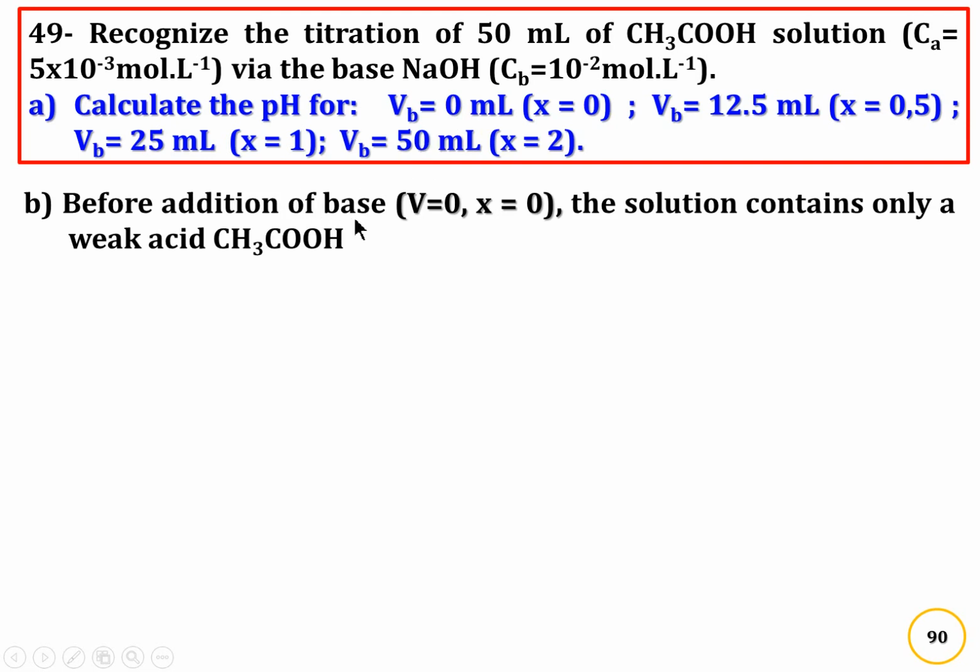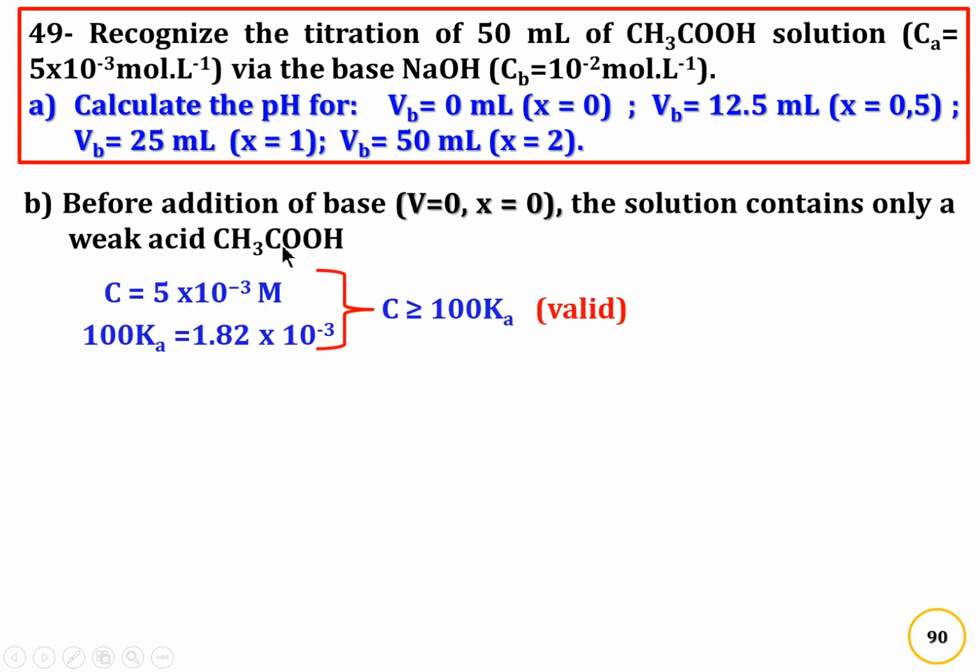So before addition of the base, the solution contains only a weak acid, acetic acid. So the pH of the solution at the start is the pH of the weak acid. We have to compare C0 with respect to 100 Ka, and the relation C greater or equal 100 Ka is valid.